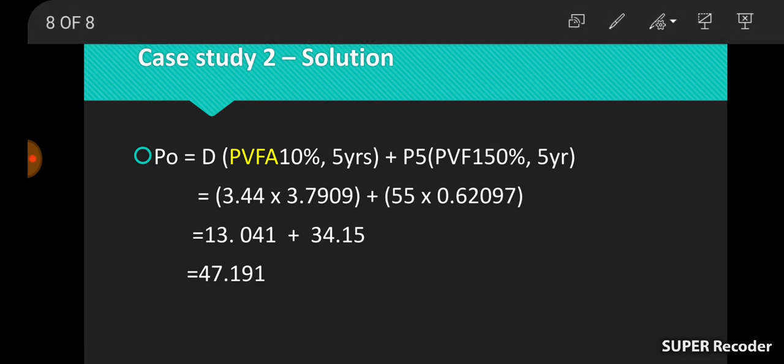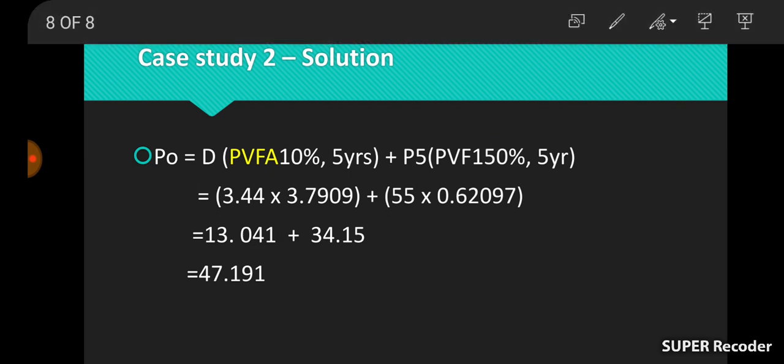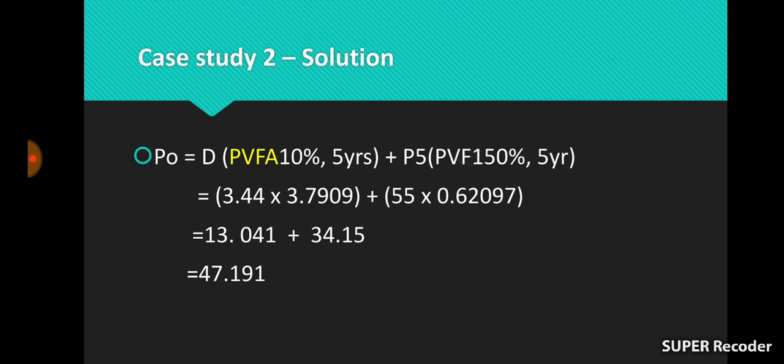Here it is 10%; it is wrongly written as 150%. In the 5th year, here we are using only the present value factor, not the annuity, because we are getting the selling price at the end of the 5th year only, not in the whole 5 years. Okay, so let us apply the present value factors.